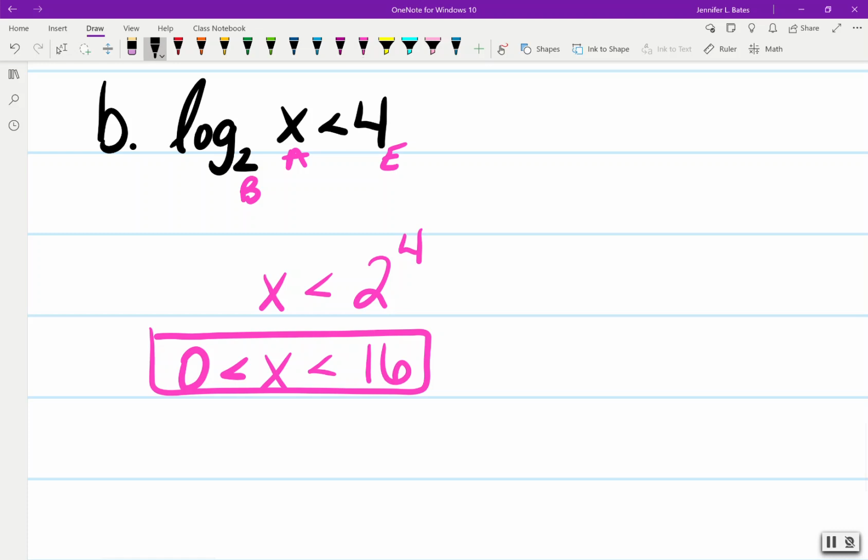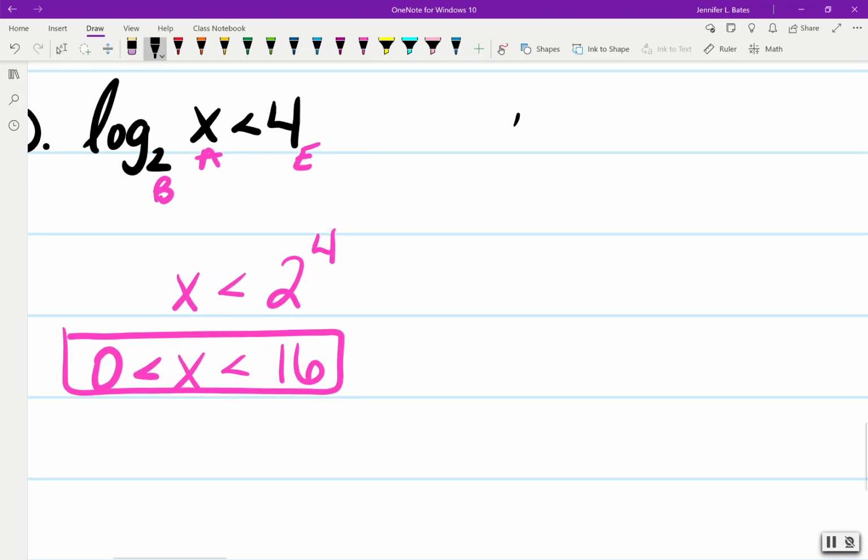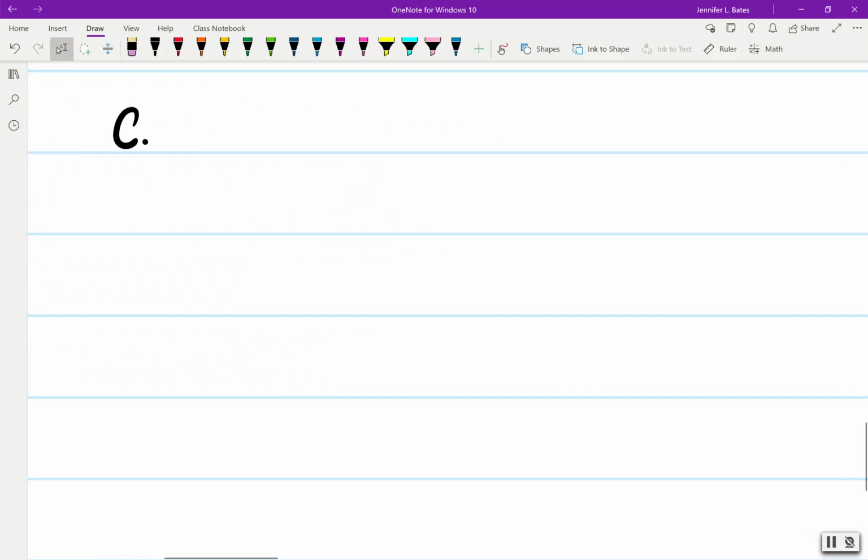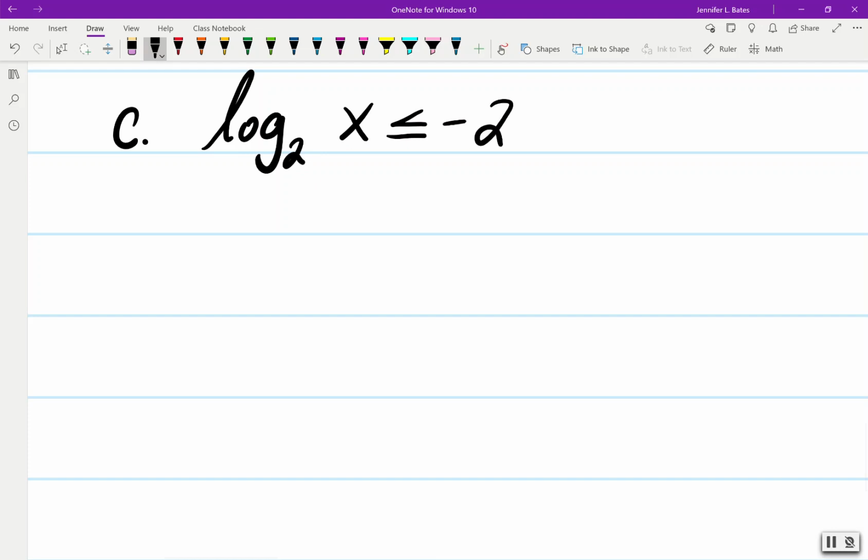Okay, let's do another one. Let's call this example C. In example C, we're given log base 2 of x is less than or equal to negative 2. All right, so currently the x is trapped in the log, so we're going to switch forms.